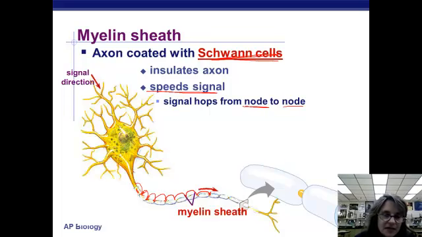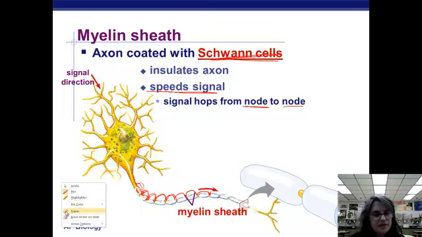And so instead of that impulse having to travel every little section of that neuron like the baby steps across the floor, instead it can hop to hop to hop. And that makes the impulse travel much more quickly down the neuron.